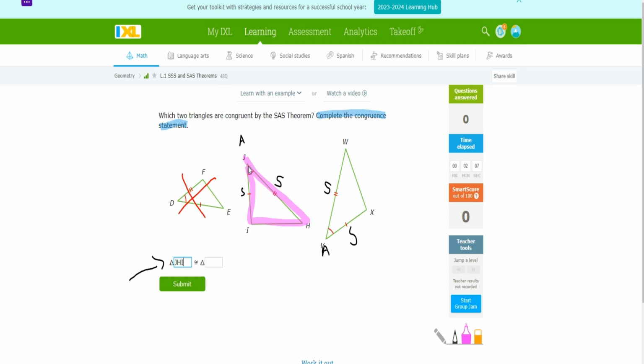Notice that I started at this one arc, to the 2 arcs, then the 1 tick mark. So I need to start there.